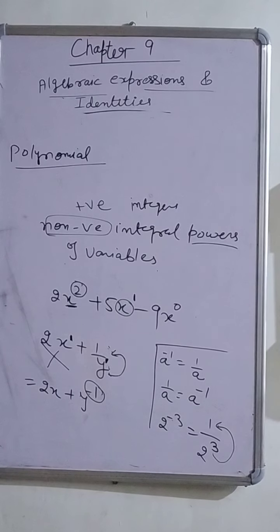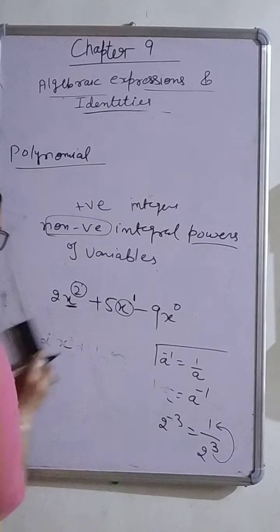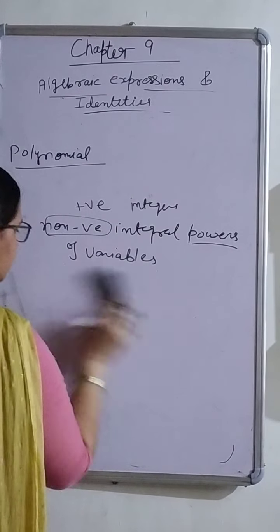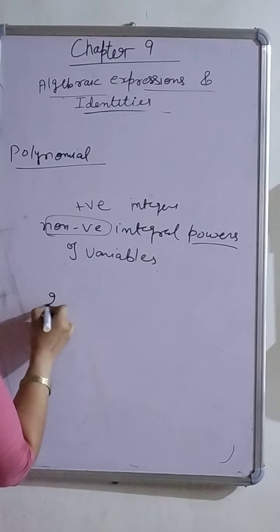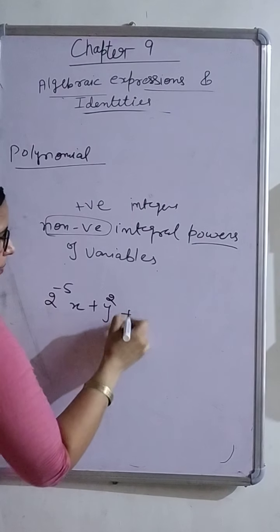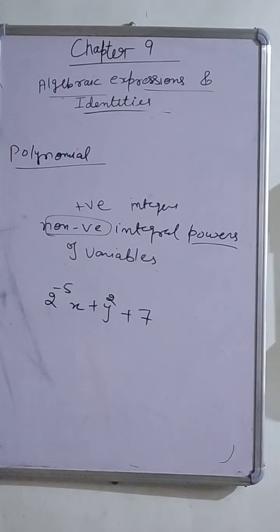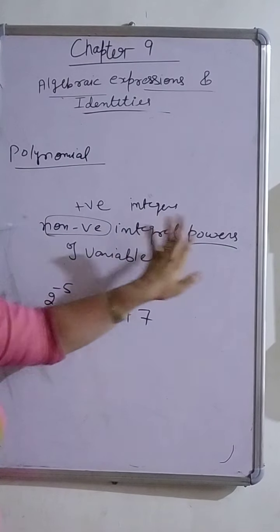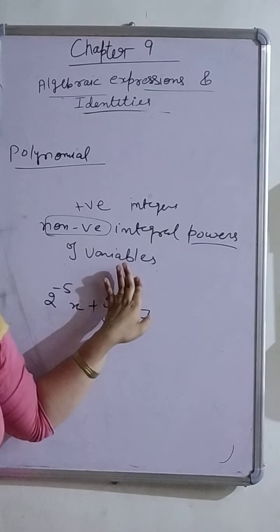One more example. If I write 2 raised to power minus 5 x plus y square plus 7, is it a polynomial? Many of you will say no, it is not a polynomial because the power given is minus 5. No. See, the definition says no negative integral powers of variables.